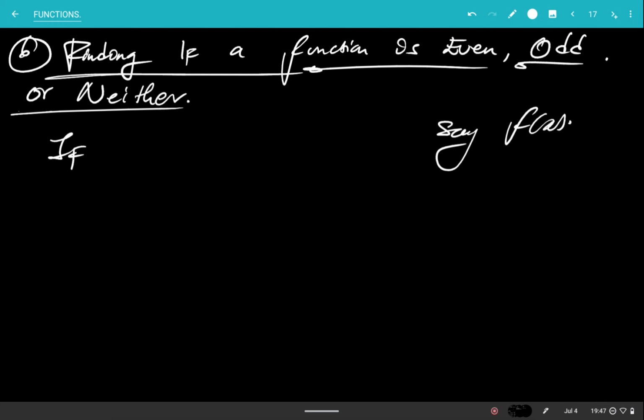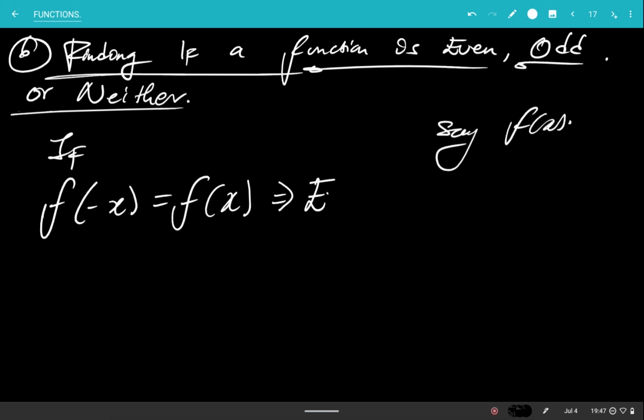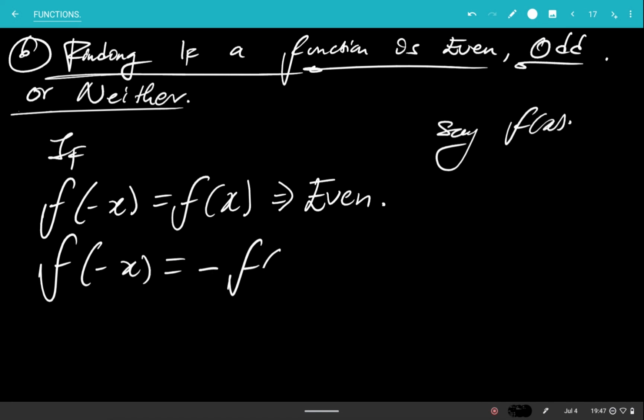If f of negative x is equal to f of x, then we say the function is what? Even. But if f of negative x is equal to negative of f of x, then we say that our function is what? Odd. But if these conditions are not met, if it's not even and not odd, then it's neither.